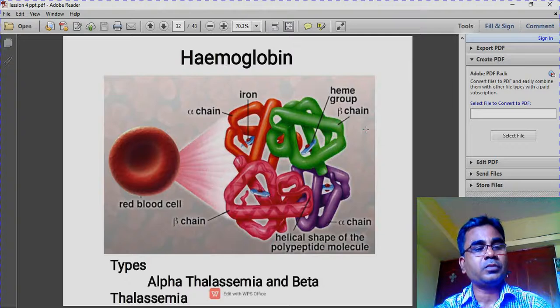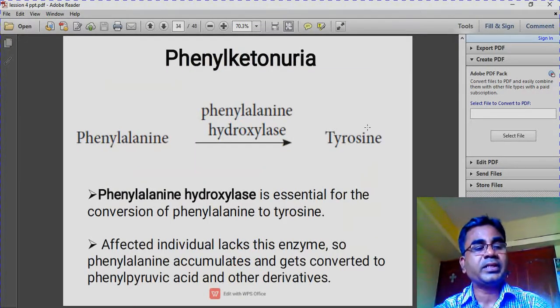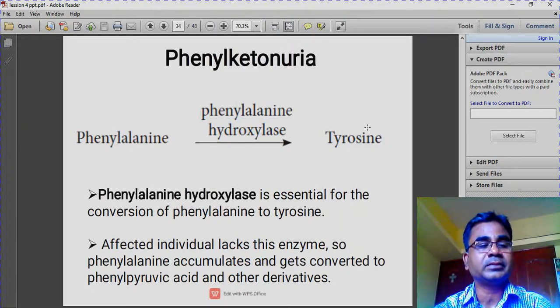And the next disorder is phenylketonuria. Phenylketonuria is also an inborn error of phenylalanine metabolism. This is caused by an autosomal recessive gene, which is mutated.